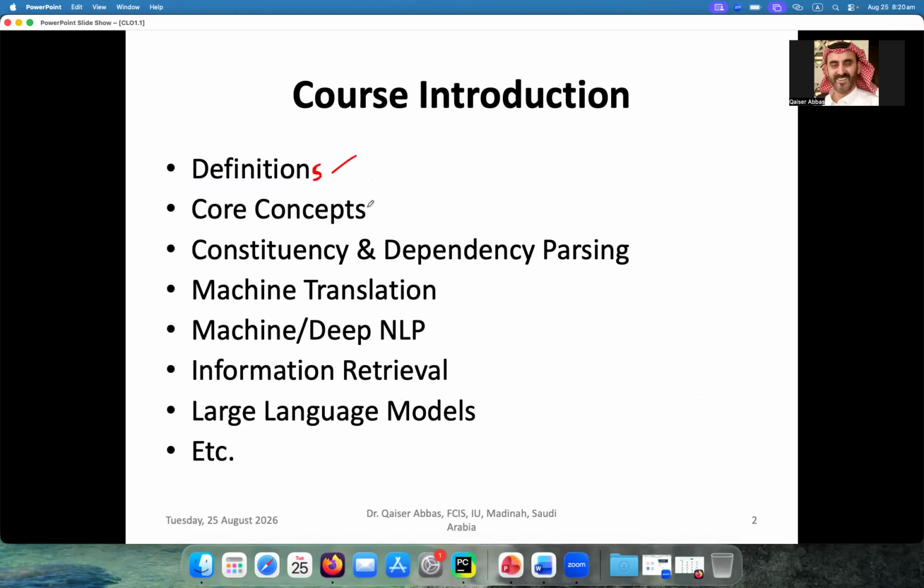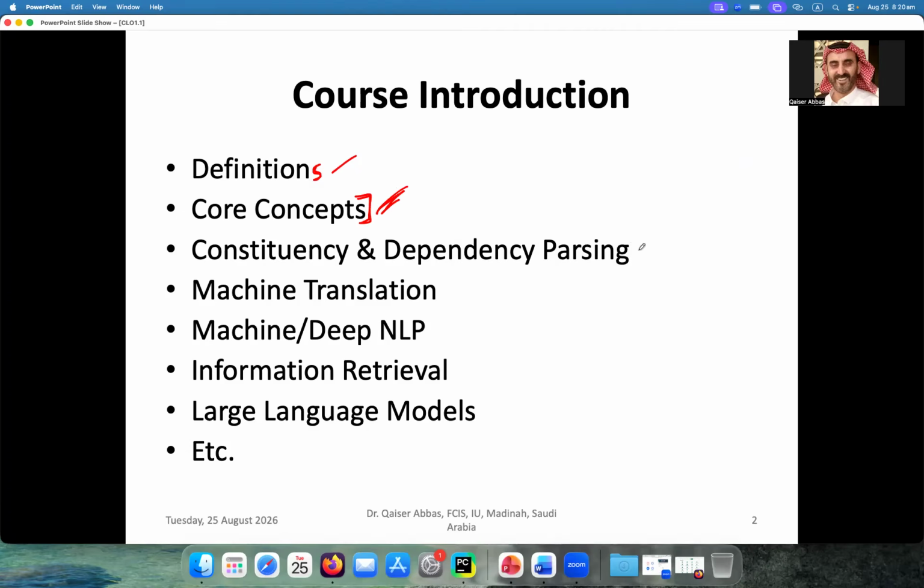And then we will go with the core concepts, for example, what is tokenization, stemming, lemmatization, what is parsing, different terms. We will cover the main topics involved in NLP. I will not discuss all, it is not easy for me to discuss all, but I will discuss only those which you are going to study in this course.